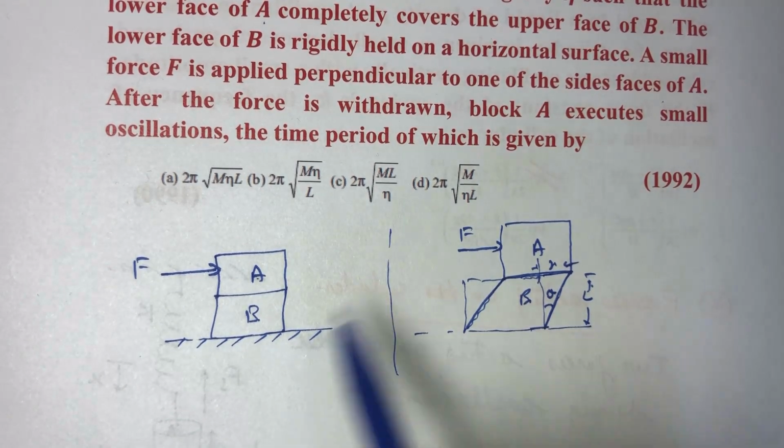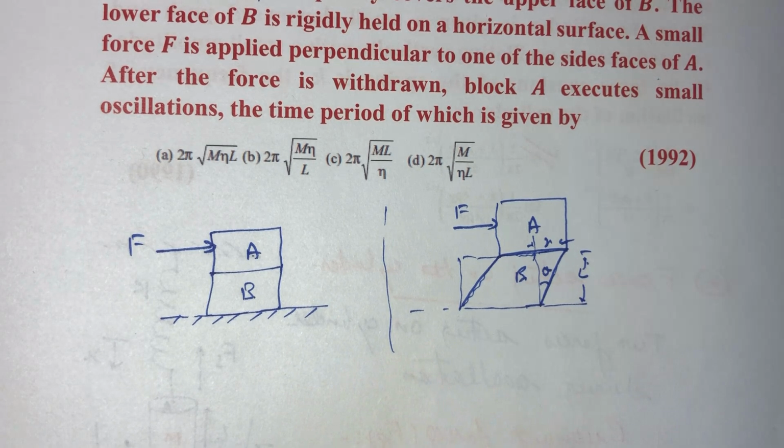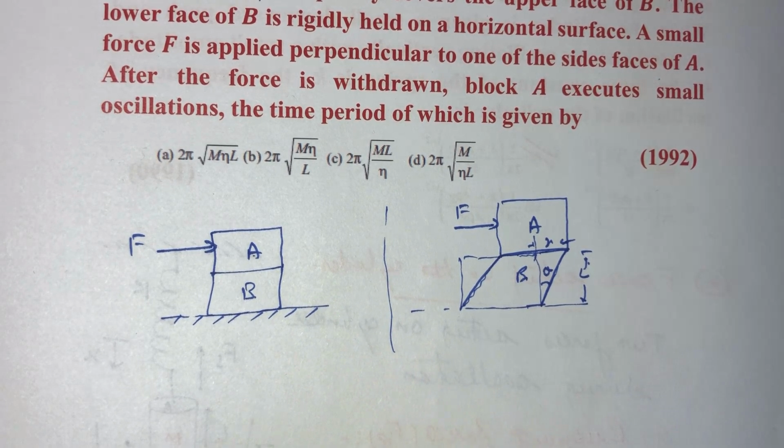So we can divide this into two parts. In order to solve this particular question, we can approach it in two different ways. In the first, we can use the concept of effective spring constant, which depends upon the modulus of rigidity as well as block length.